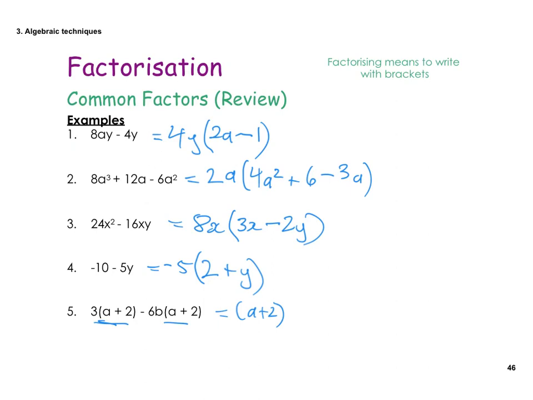I might do it in 2 colours to see the changes. Now, a plus 2 times what gives me 3a plus 2? That'll just be 3. Now minus. You can see that a plus 2 times what gives me this? That'll be minus 6b.